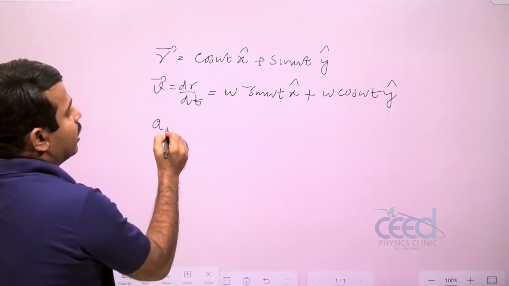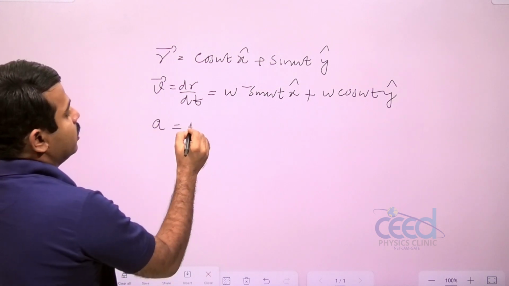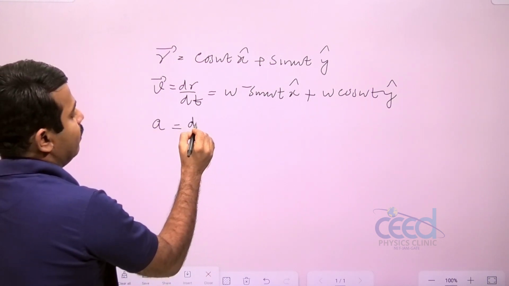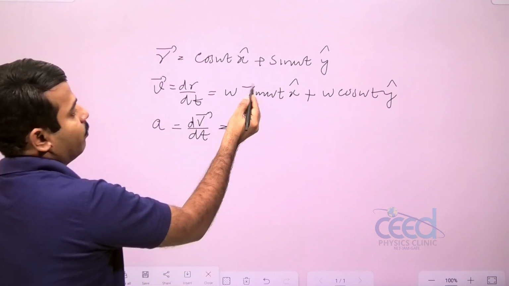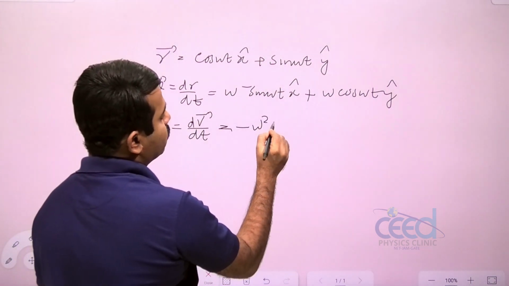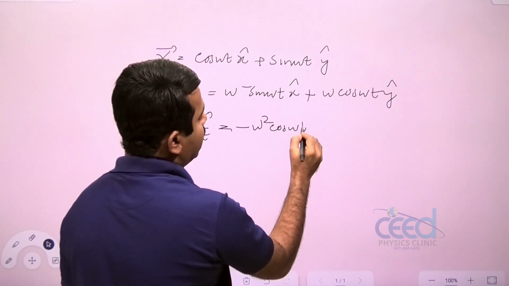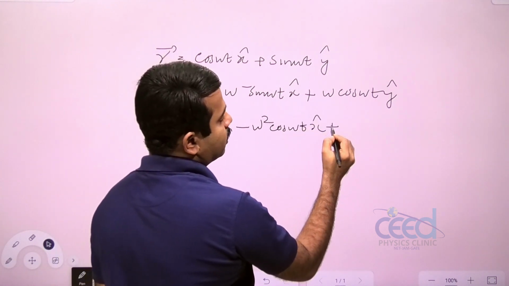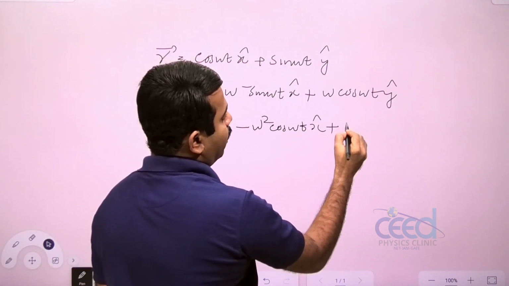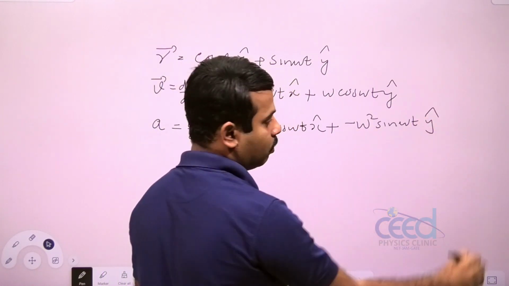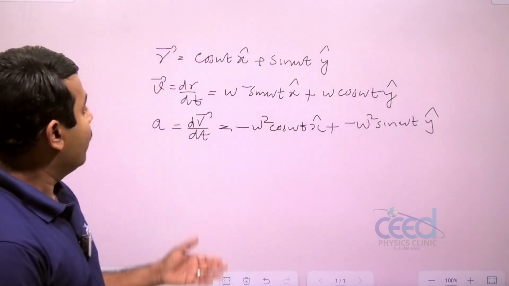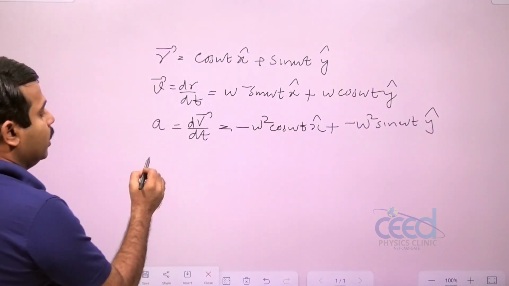Now what is acceleration? Acceleration is dv by dt, again differentiate this, then minus omega square cos omega t x cap plus minus omega square sin omega t y cap. Now see what v dot r is.